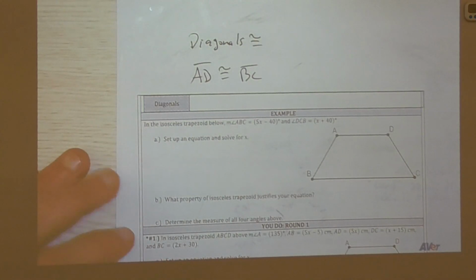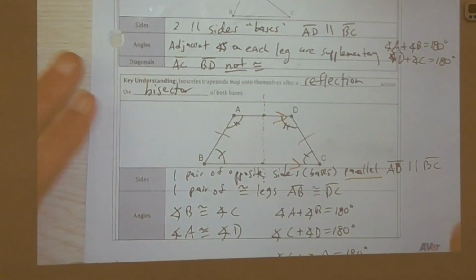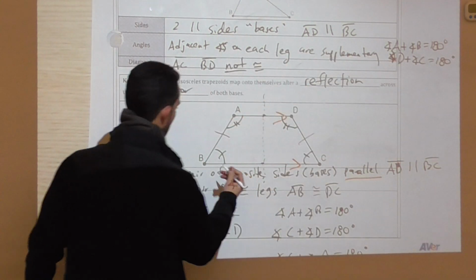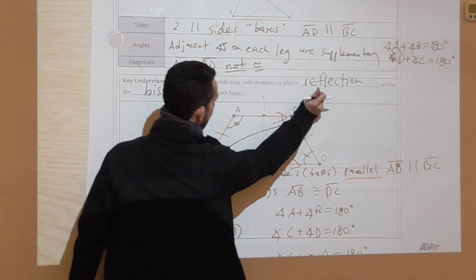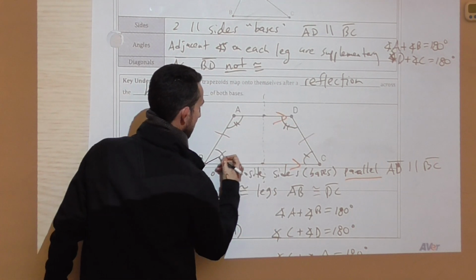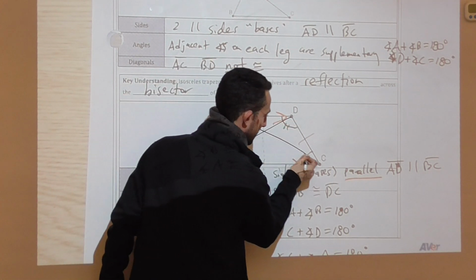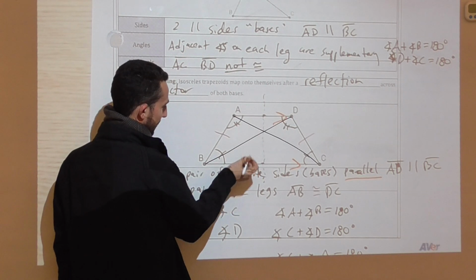I'm going to turn the page back again. And the pieces of those diagonals are also congruent. So if I can sketch this correctly, from B to D, let's try that again. From A to C. So the pieces of the diagonals are also congruent.